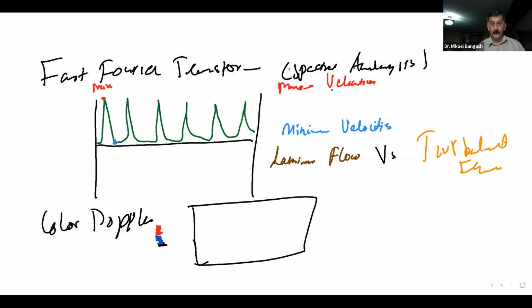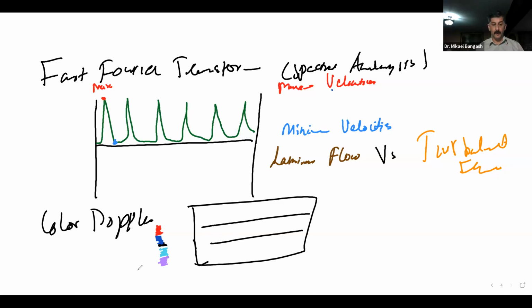And this may, for instance, be the minimum negative, and this the maximum negative velocities. Did that make sense? All dependent upon the blood vessel.